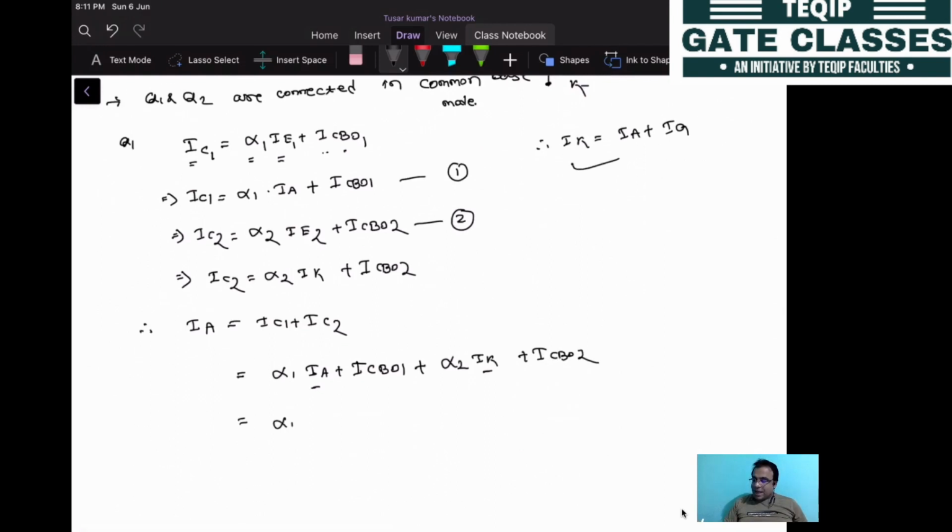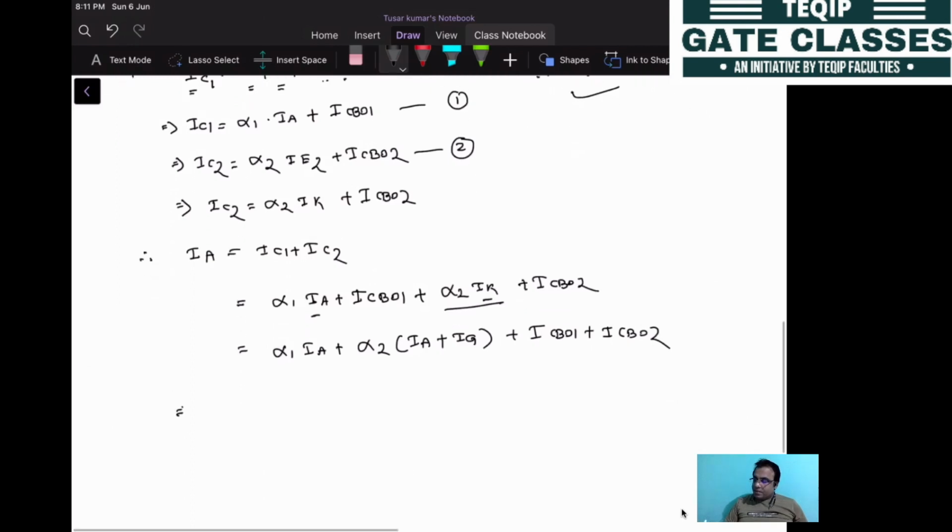So it will become alpha 1 into IA plus, in place of this one you can write alpha 2 into IA plus IZ, that is nothing but gate current, plus ICBO1 plus ICBO2. Now this is equal to, IA will be equal to, now these two terms you can add up, you can take IA common.